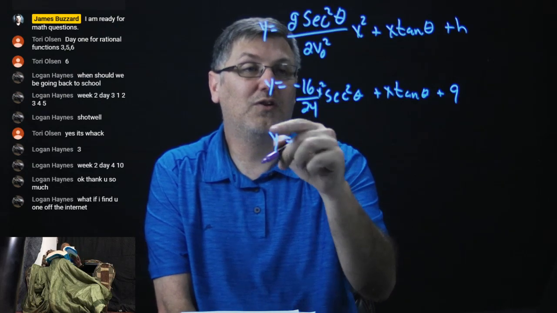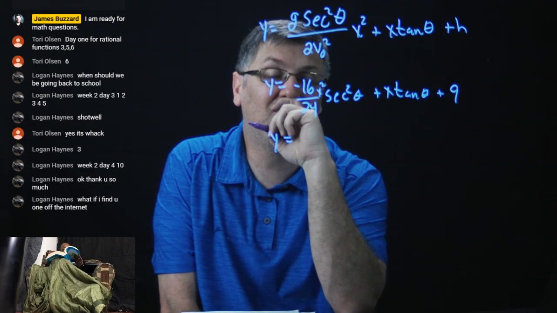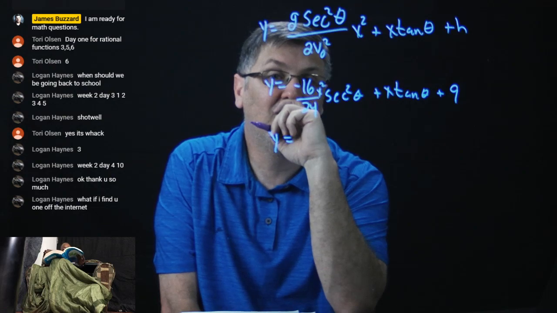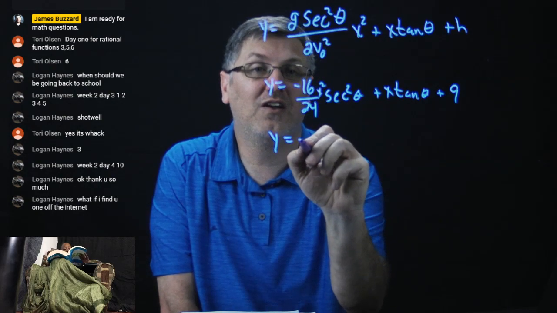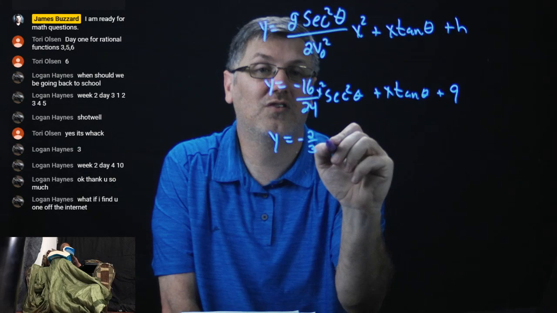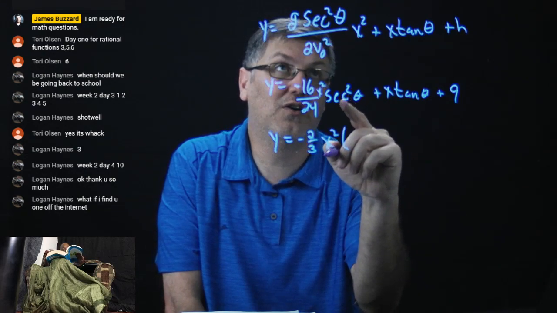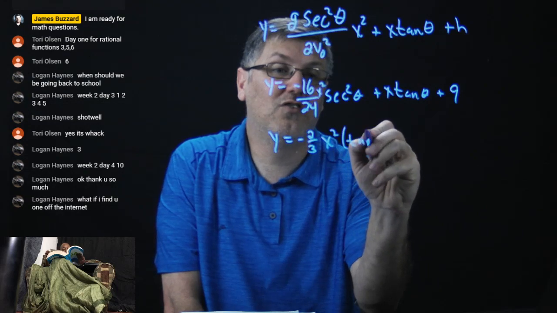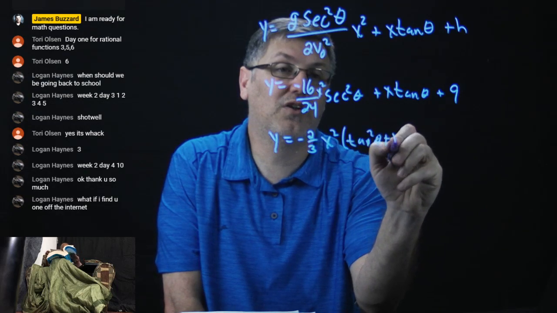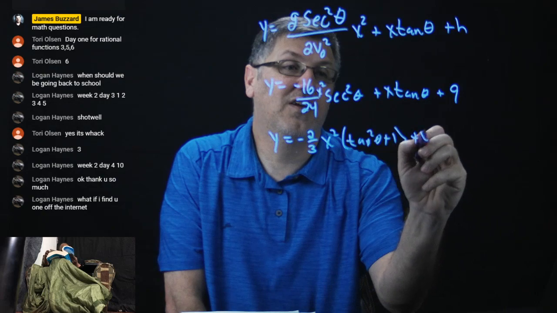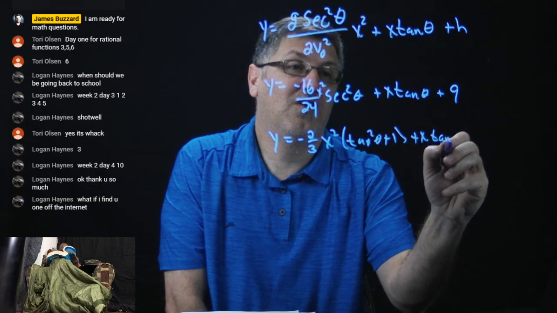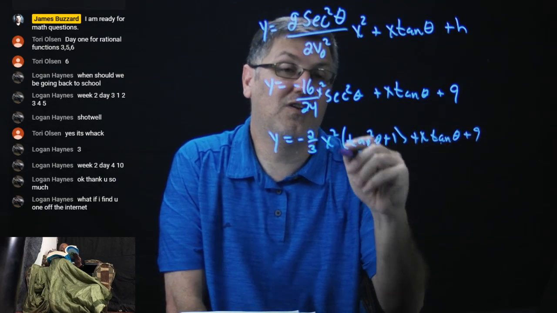y equals, let's reduce this. They both have an 8 in them, so it reduces to negative 2/3 x squared times secant squared, which is tangent squared theta plus 1, plus x tangent theta plus 9.